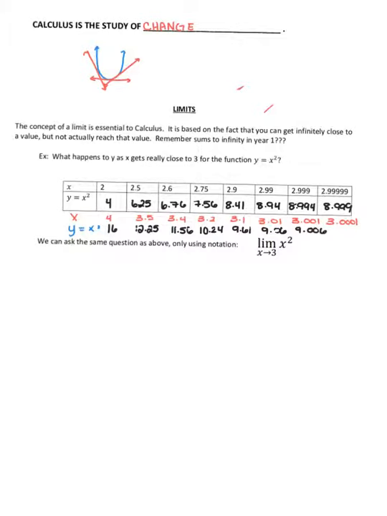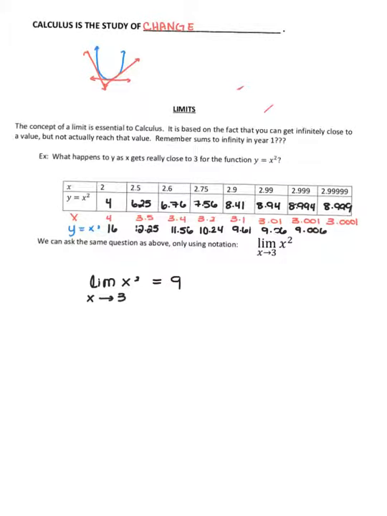So what we found was a limit. We said that, what is the limit? What number do you get really, really close to for the function x squared when you are approaching 3? And that number is 9. Okay.